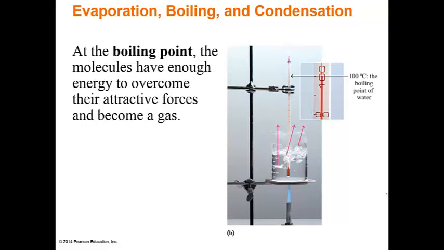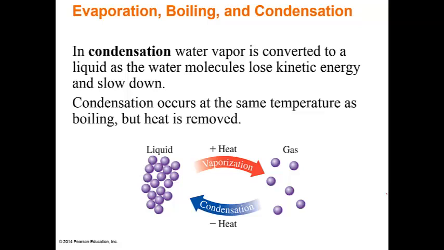At the boiling point, the molecules have enough energy to overcome their attractive forces and become a gas. So once we hit 100 degrees, boom, they're excited and they just get out of there. And you can feel that in boiling. When you put your hand over it, you can feel the steam, the gas water molecules, colliding with your hand.